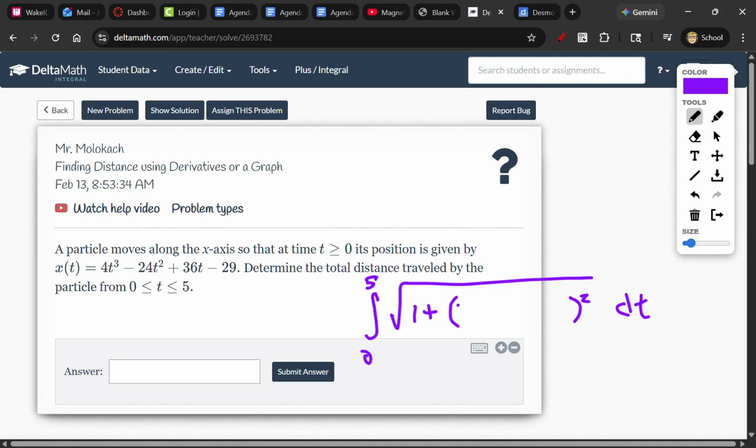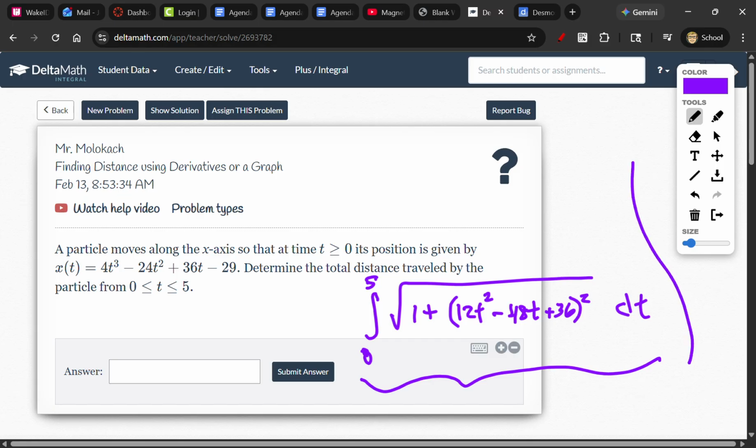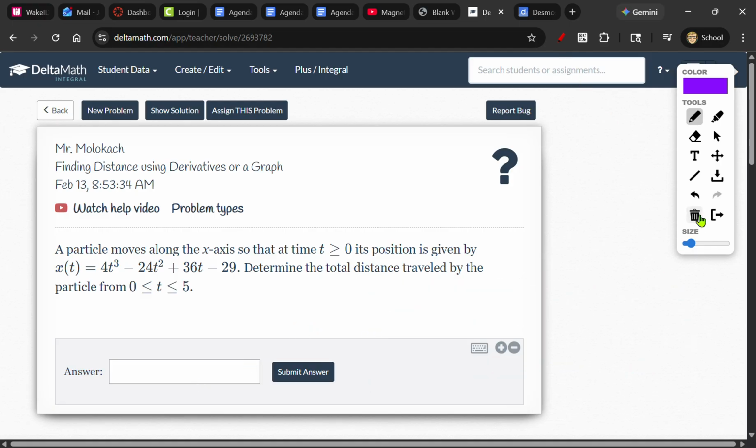And what's going to go in here is the derivative. I'm not going to compute this. I know you know how to figure out how to numerically calculate this integral. So you just go do this in Desmos calculator, right? Go do that in Desmos calculator and round off, right? So that's kind of how you would do that problem.